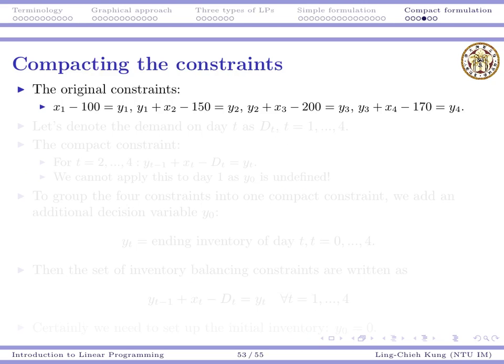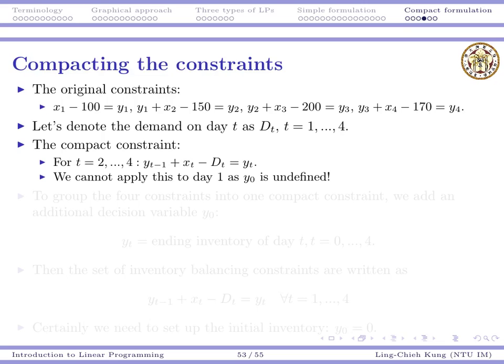Also, we can group constraints. All the 4 constraints somewhat look similar, right? So let's do this by grouping the 4 inventory balancing constraints. Let's call this 100, 150, whatever, d_t as our daily demand.